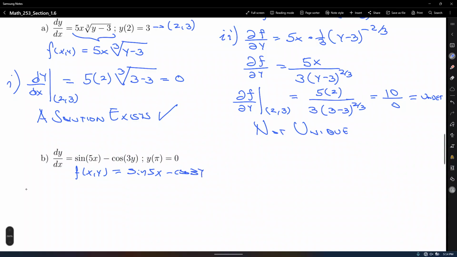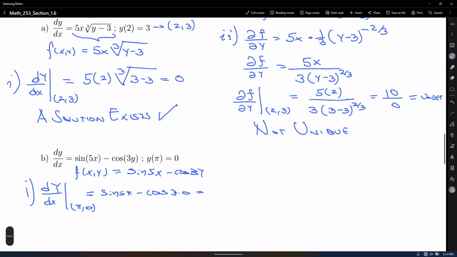All right, so for condition one, is dy/dx at (pi, 0) defined? Well, for x we substitute pi and for y we substitute 0. So sine of 5 pi minus cosine of 3 times 0.